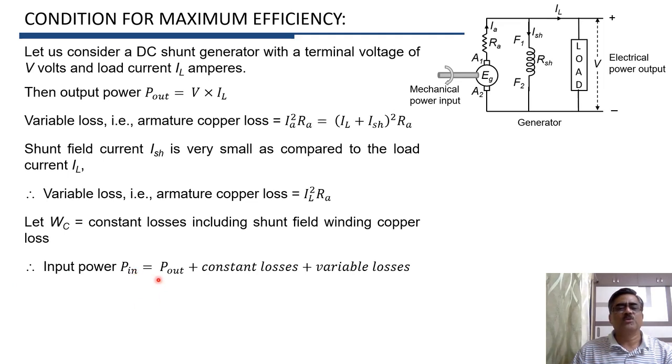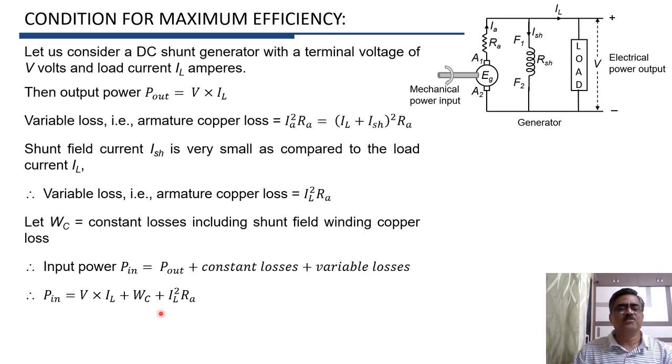is equal to output power P out plus constant losses plus variable losses, and therefore P in is equal to P out, that is V into IL, plus constant losses, that is Wc, plus variable losses, that is IL square Ra.